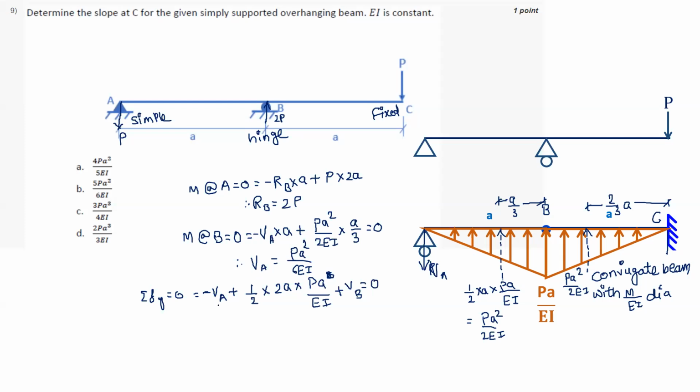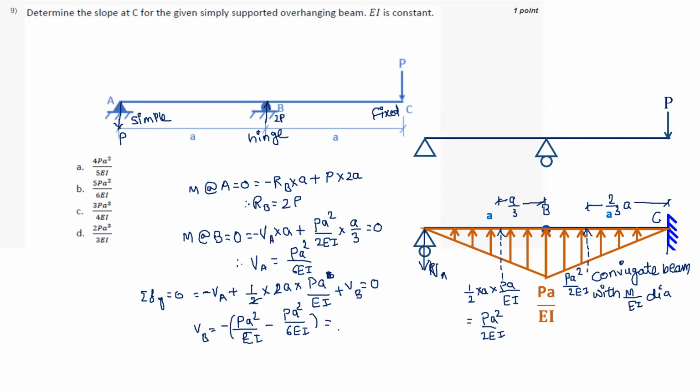Now from this, if we calculate VB, we get PA square upon EI minus VA, so PA square upon EI minus PA square upon 6EI, and this whole has a minus sign.